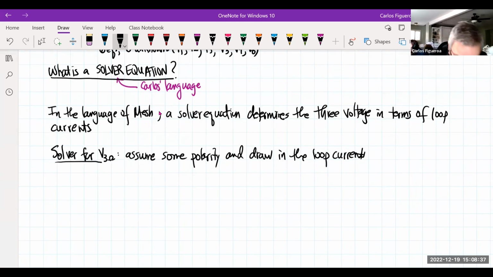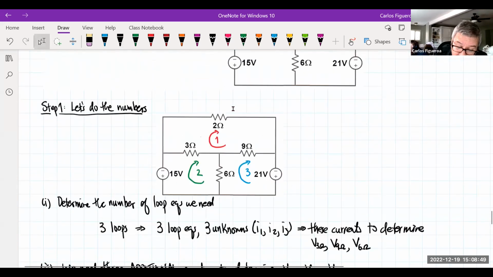So here's my 3 ohm resistor, and I've got to pick a direction for my polarity. I'm going to say that this guy is positive, that's negative. This guy is positive, that's negative. And in this case, this is positive and this is negative.